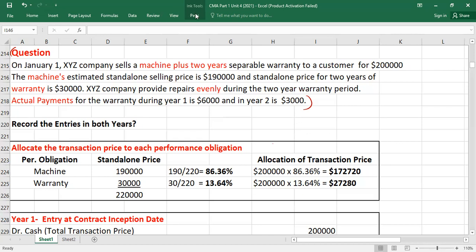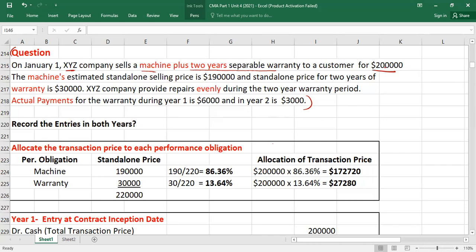So guys, here we have a question where they're saying, on January 1, XYZ company sells a machine plus a 2 years separable warranty. So two things we are selling, the machine and a 2 years separable warranty, to a customer for how much? $200,000. We sold them together as a package.